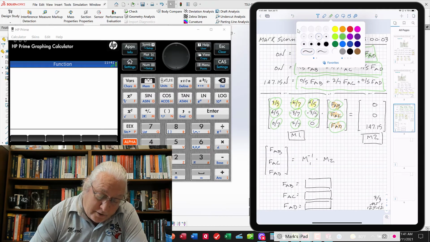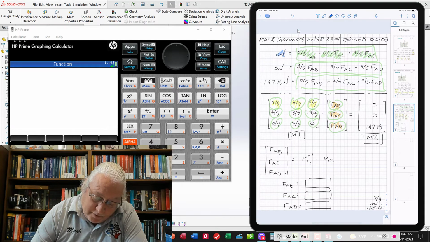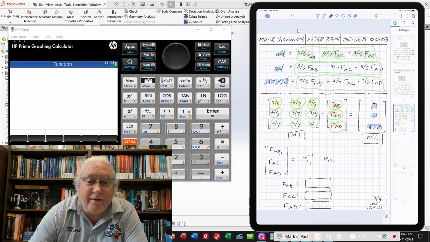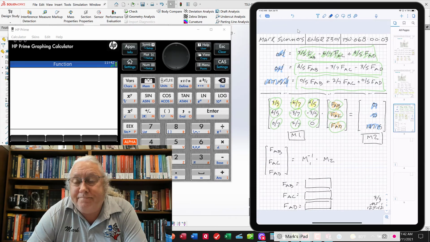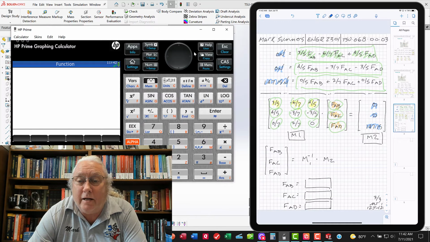And so this matrix multiplication here will give me the answer down here on the right. These values here are, let me use a different color here, so there's a 0, there's a 0, and there's a 147.15 that represents the weight of the traffic light. What I want to do is take advantage of my HP Prime calculator.